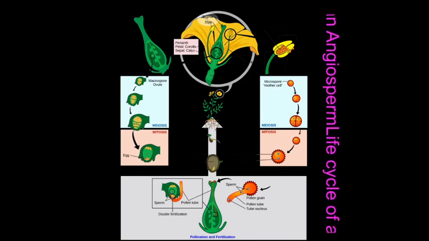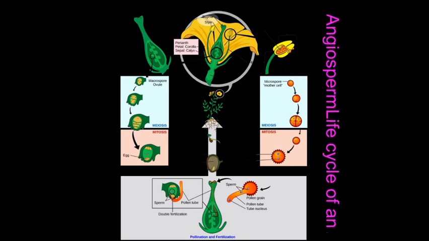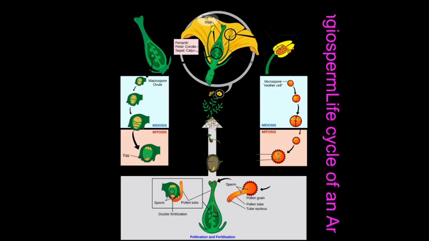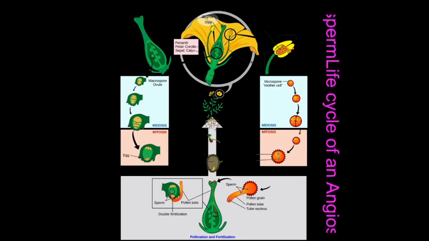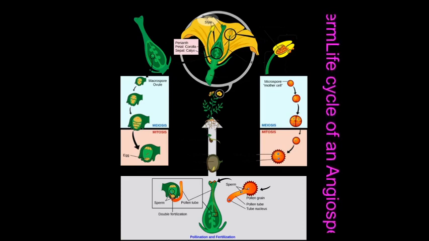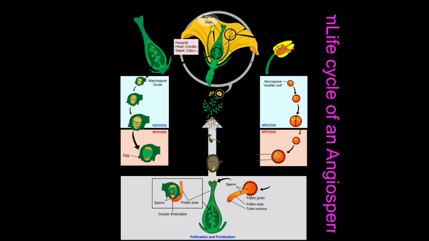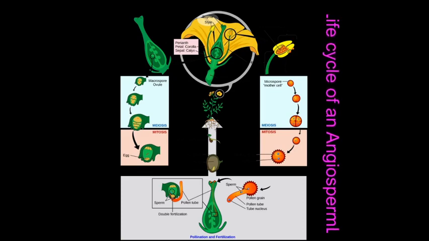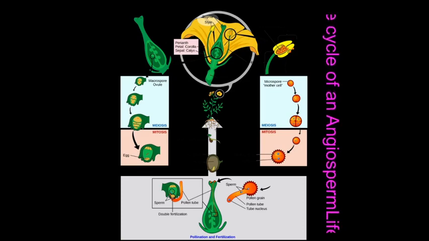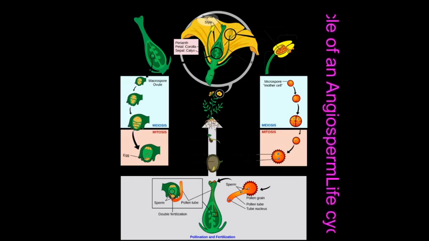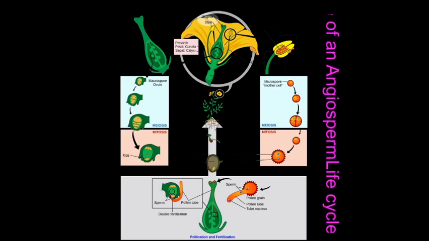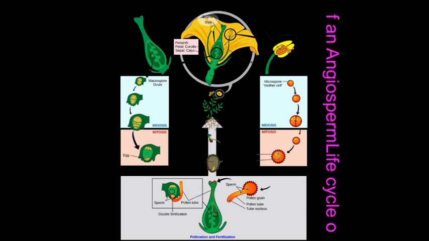Once the pollen tube reaches this embryo sac, it fertilizes the egg. One of the male gametes fertilizes the egg cell, while the other male gamete fuses with the secondary nucleus present in the embryo sac.